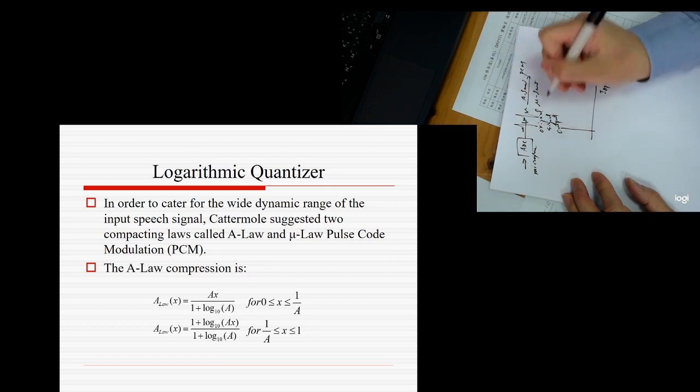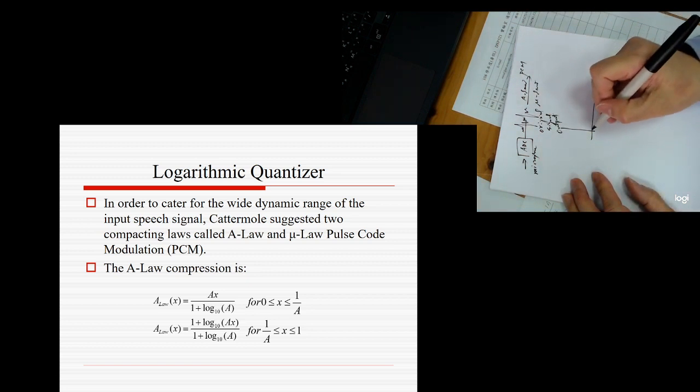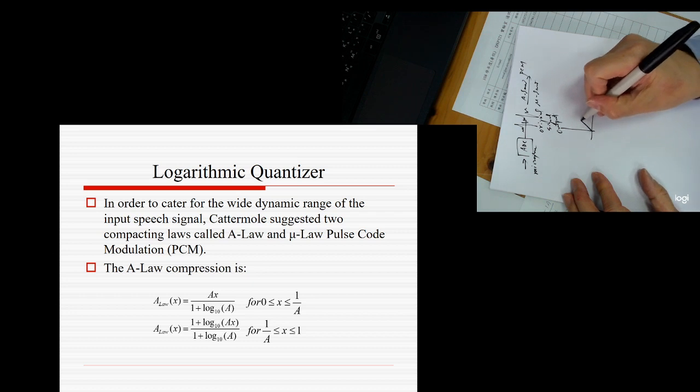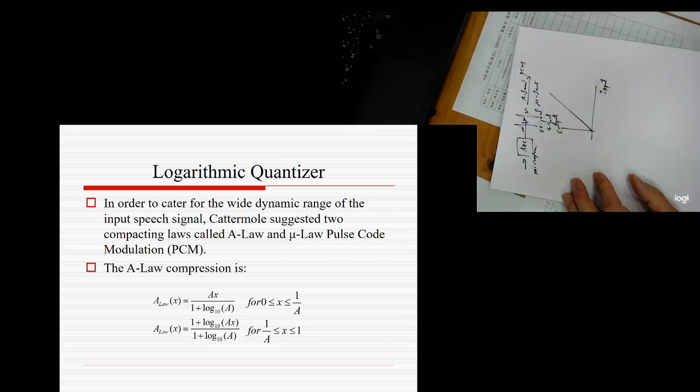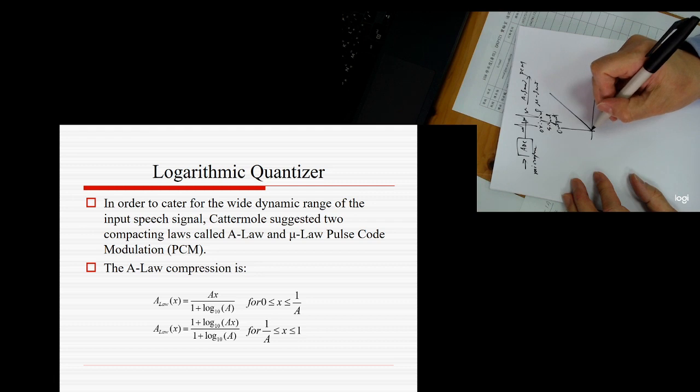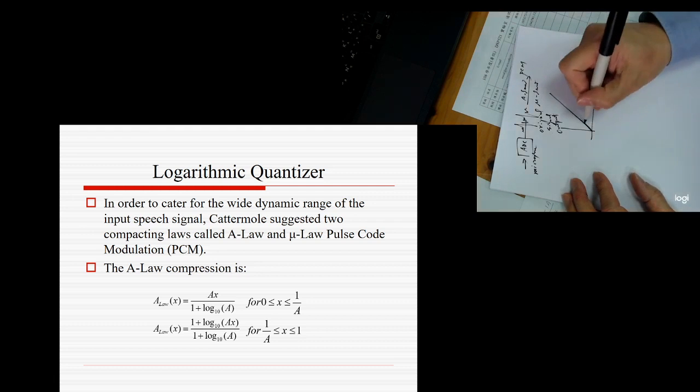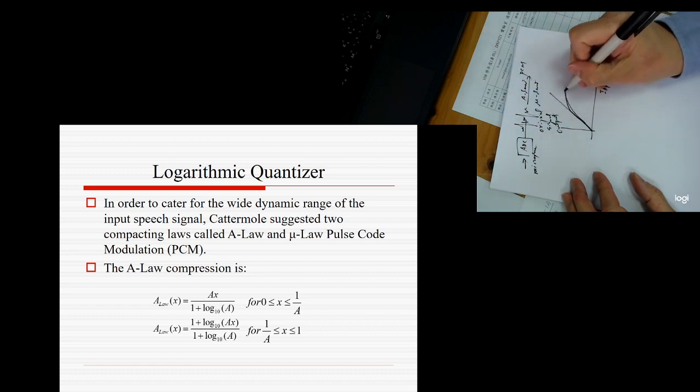The original would be supposed to be linear, like this, but here it is linear in the beginning, and later on it is more like a log scale. So as your input data becomes bigger, the output is compressed.